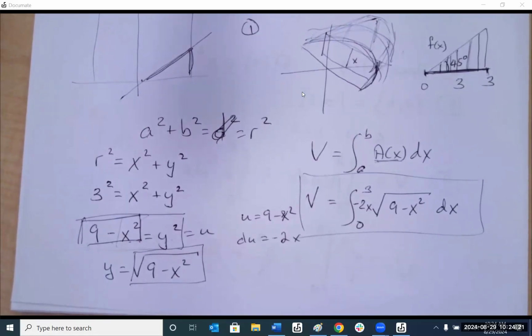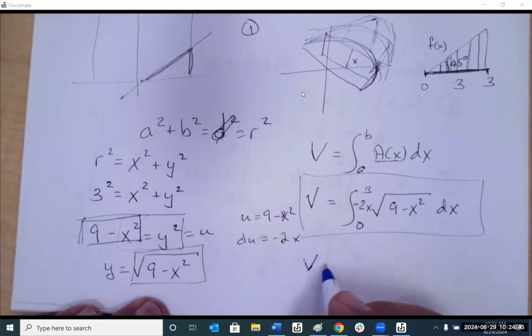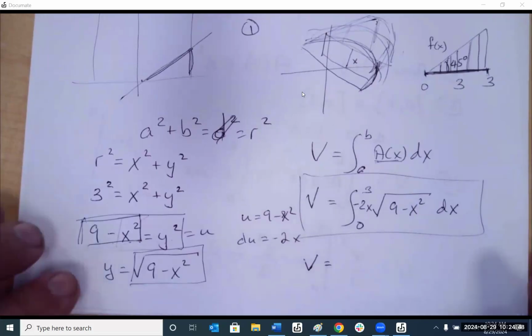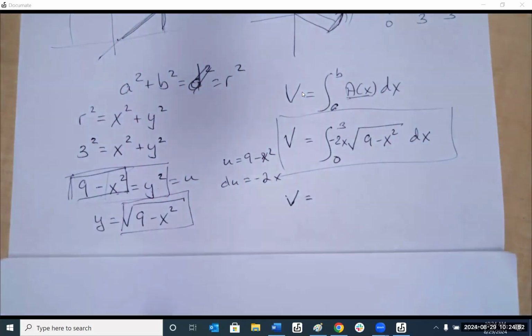So what do we do next? We have our formula for the area. We have our dx. Now we just have to integrate it. Ouch.